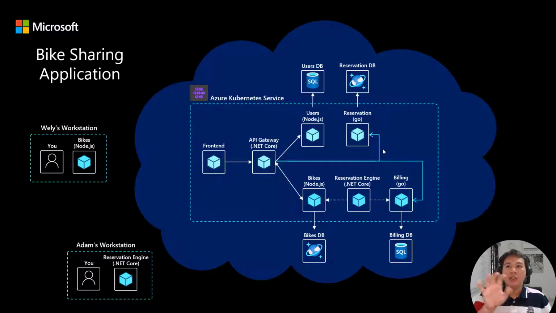So let's take a look at another sample application, and this time around it's a bike sharing application. As you can see, I've got my workstation here, and Welly is working on the bike microservice, using Node.js and Visual Studio Code locally.